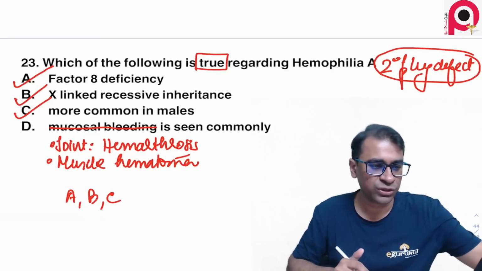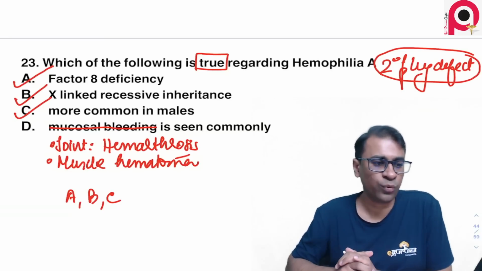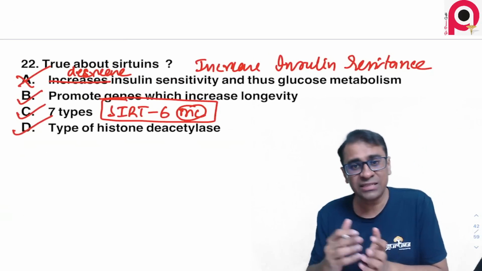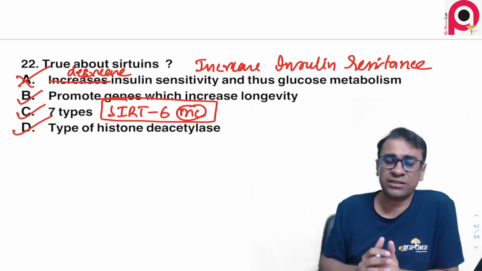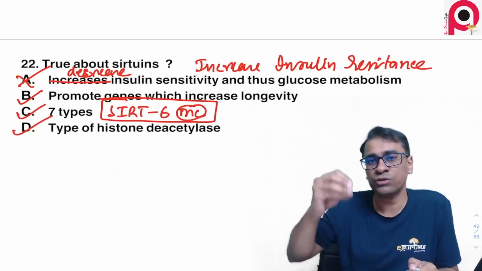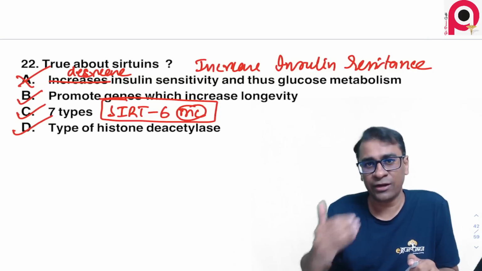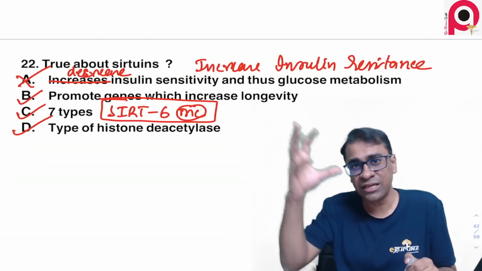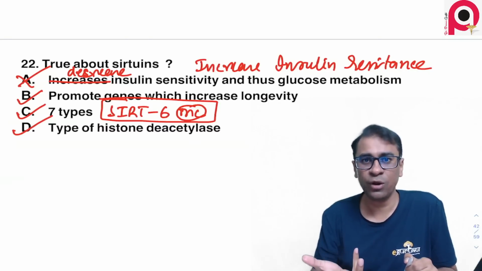In the previous question, some of you are suggesting that the option was that it increases insulin resistance. Look, if it decreases the insulin resistance, what will happen? The glucose will enter more. The basic idea of delaying aging is decreasing entry of glucose. Simple logic, right?